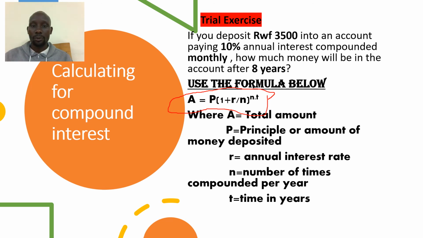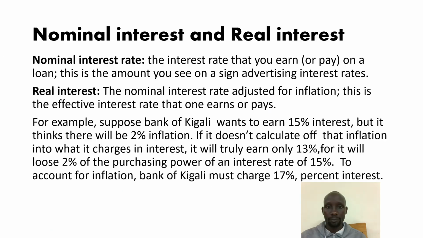So you can try out that question. So the formula has been defined. A is total amount, P is the principal amount of money deposited, R is the annual interest rate, N is the number of times compounded per year, and T is time in years.